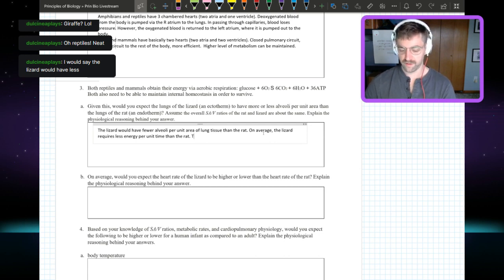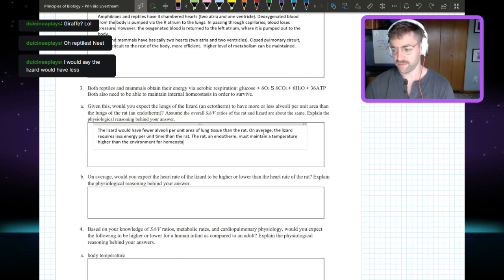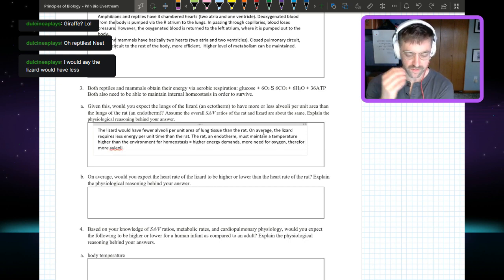So the rat must maintain a temperature higher than the environment to achieve homeostasis. This means higher energy, more need for oxygen, therefore more alveoli.